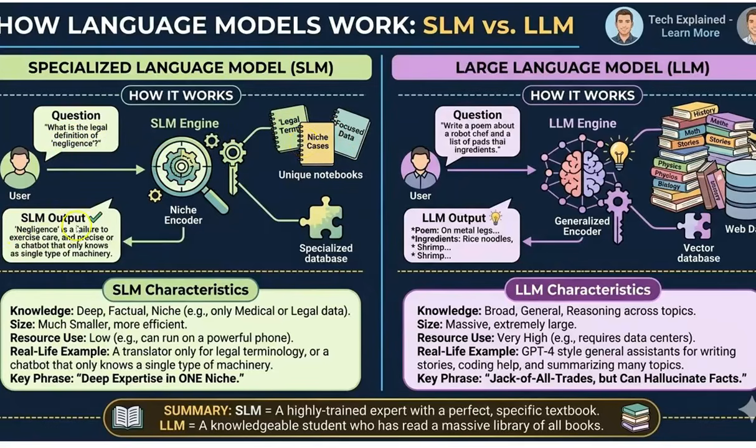Whereas a large language model is trained with plenty of books; you can consider it as a huge library of books. If the user asks to write a poem about a robot chef, it searches every book, database, web databases, and all the stuff, and finally gives you the output. This is your local, whereas the LLM is somewhere on your cloud or a big, huge data center.